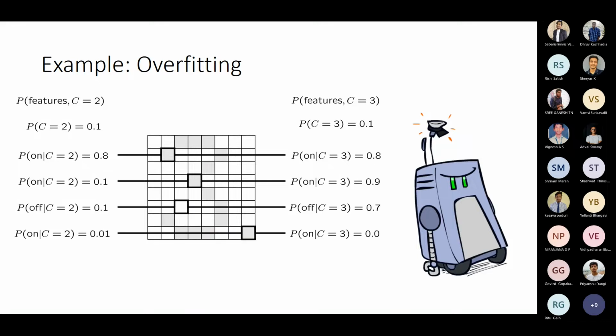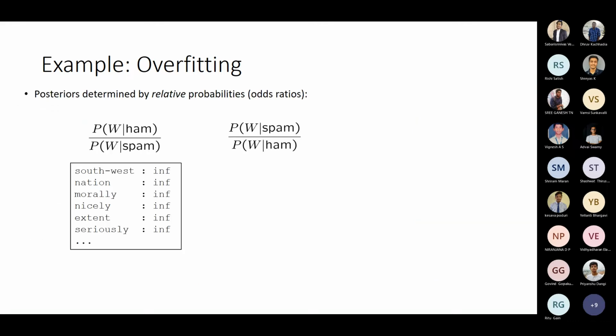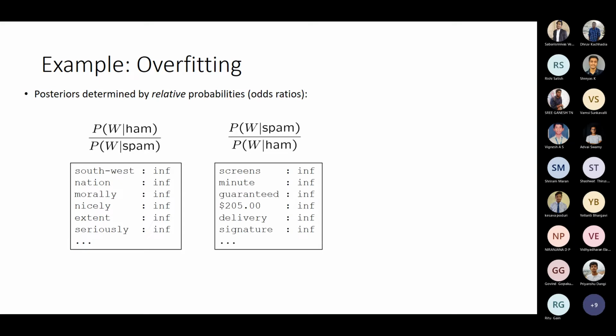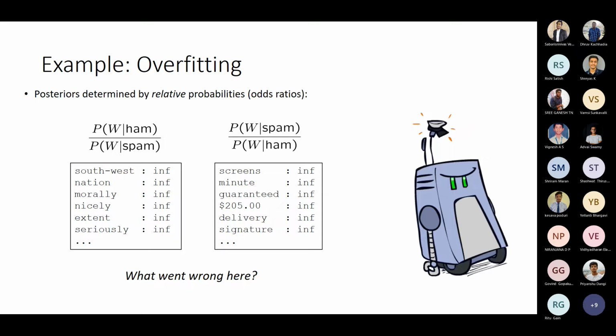Suppose this is also on or off, depending upon what feature you are talking about. Similarly, probability of W given ham, probability of W given spam. You can look at something like a $205, which influences you as a spam email.